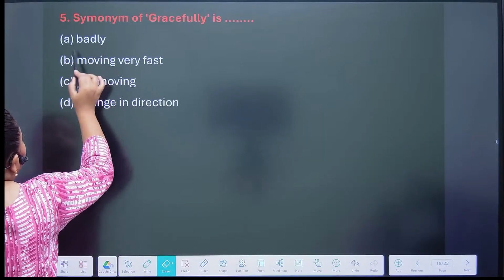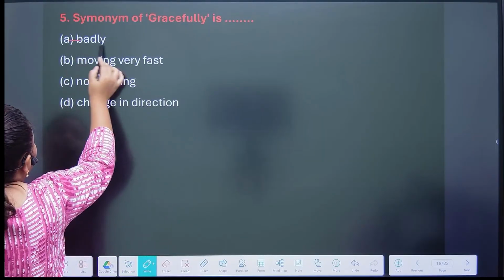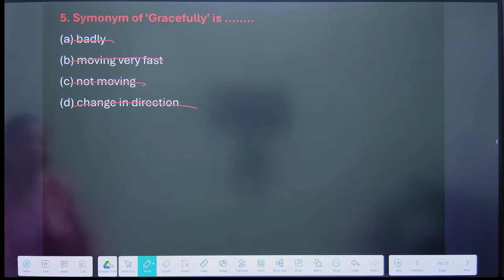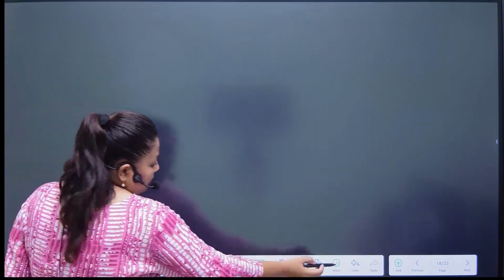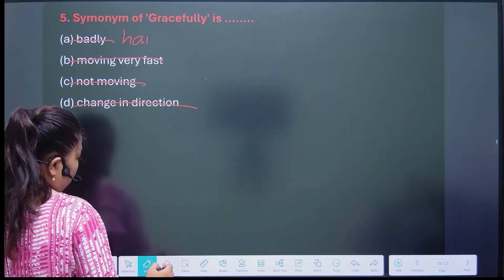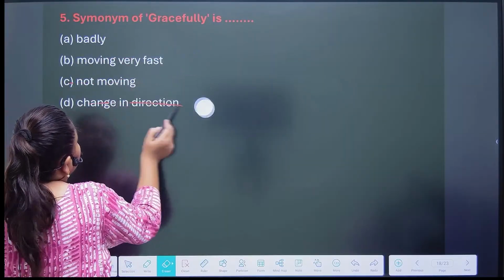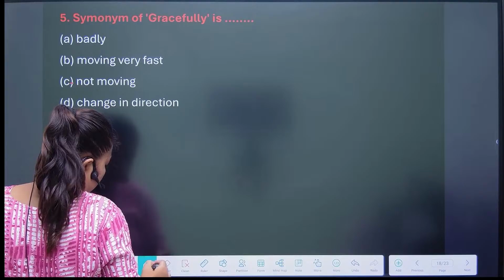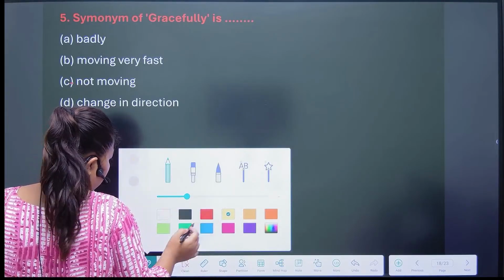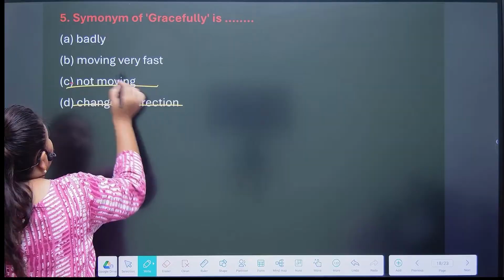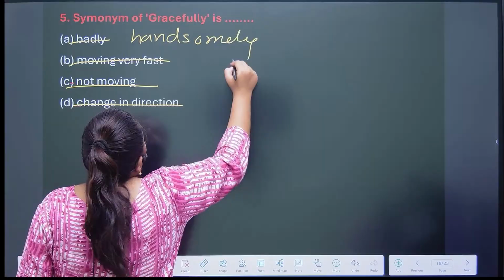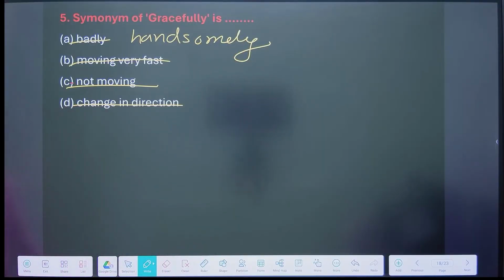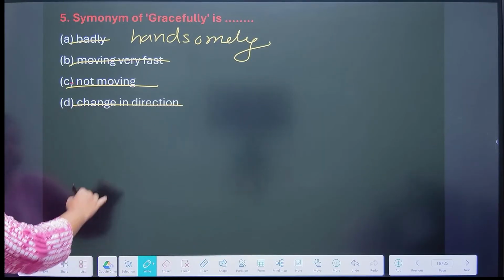The options are incorrect, so I will write the correct options. Okay. In the first option there will be handsomely. And the second option is moving very fast.